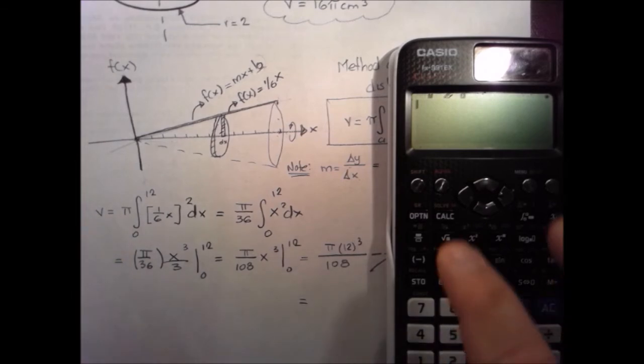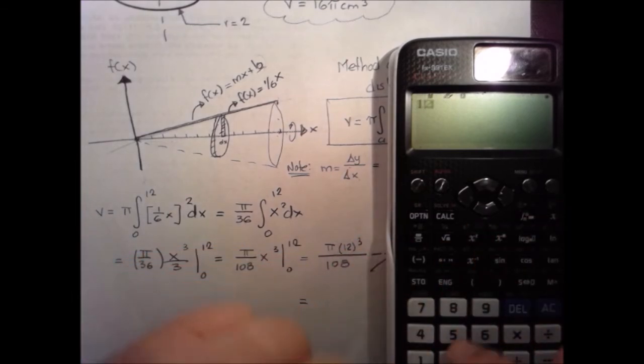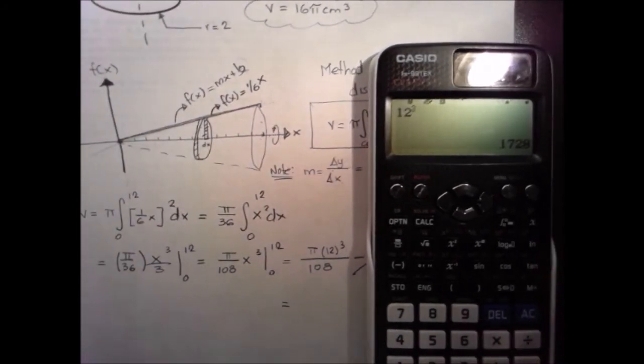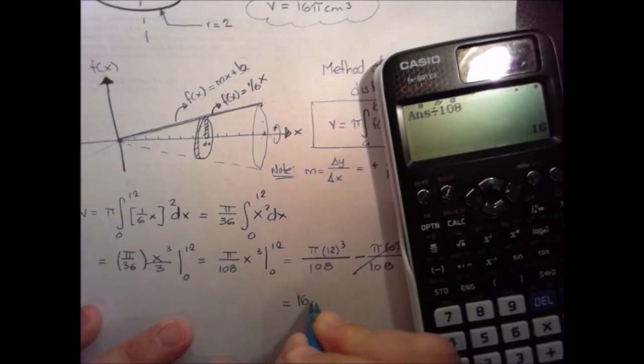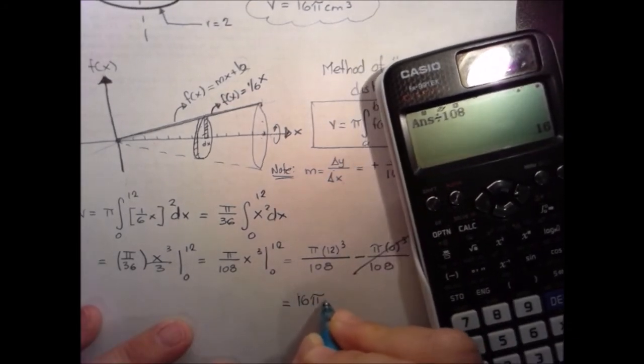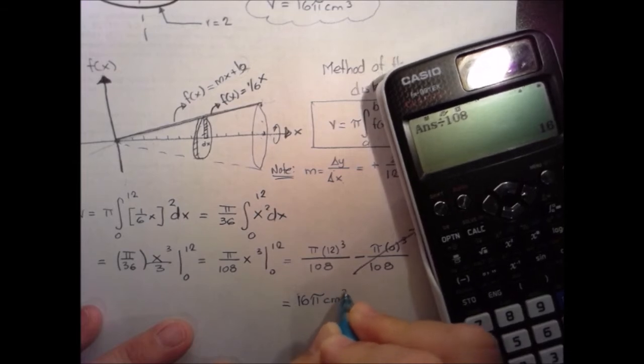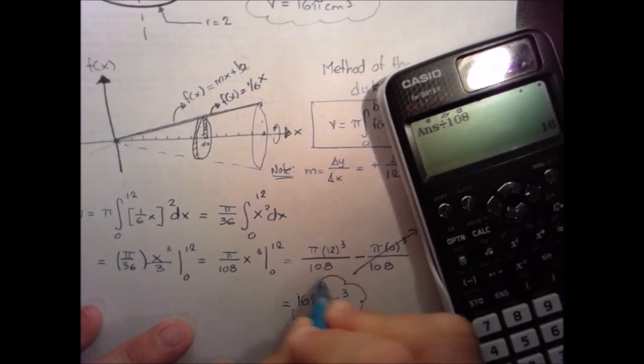We're going to say 12 cubed is going to be 1,728 over 108, and this is going to be 16 pi cubic centimeters.